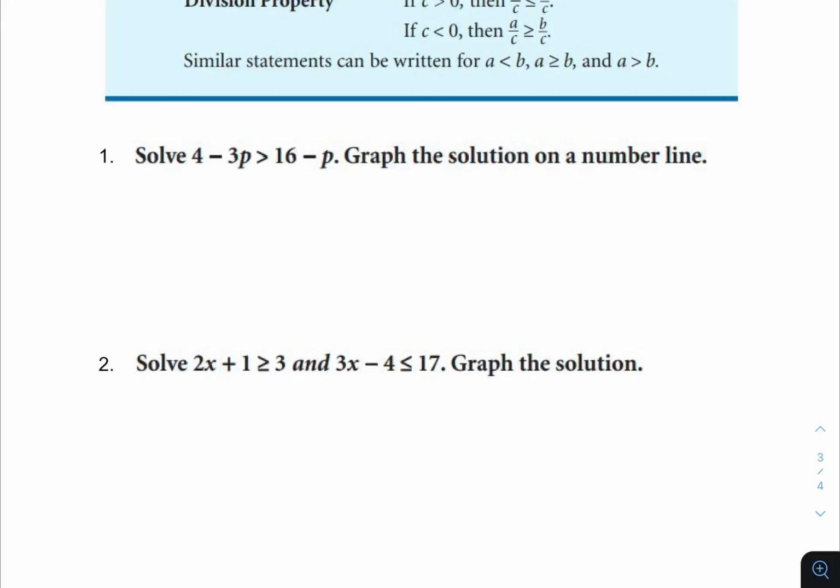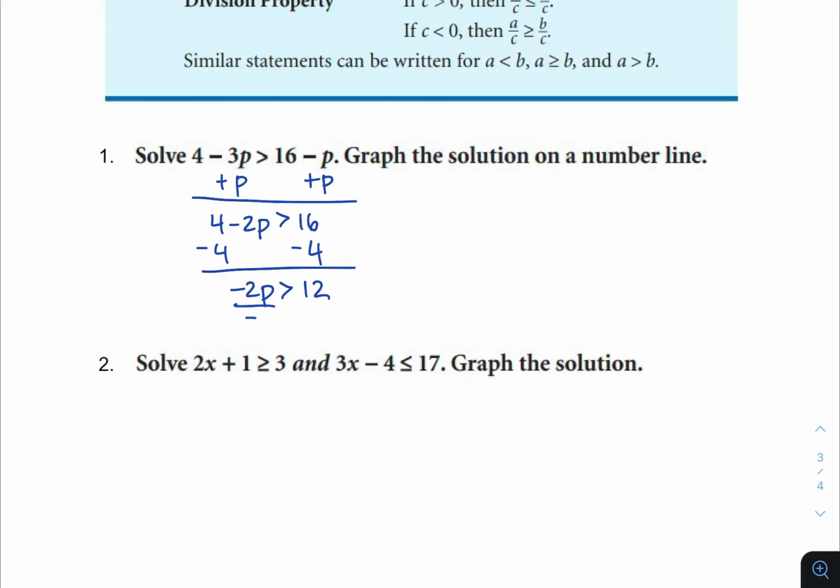So we first want to start by adding p on both sides. And we get 4 minus 2p is greater than 16. And now we want to subtract 4 on both sides, giving us negative 2p is greater than 12. And now we divide negative 2 on both sides, giving us p is less than negative 6 since we divided by a negative number.